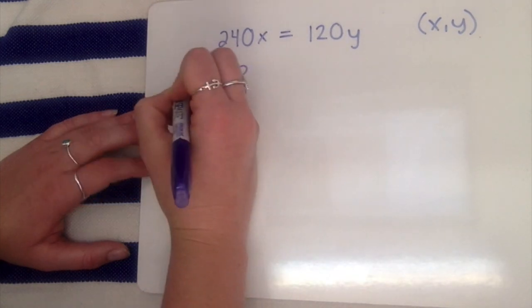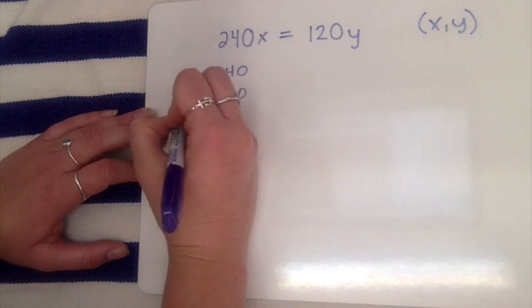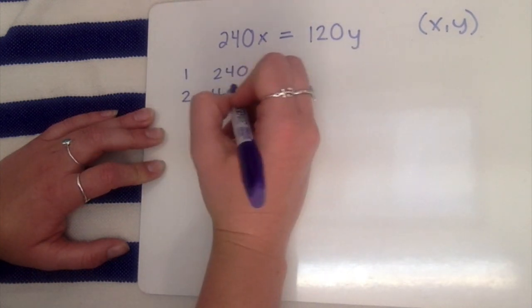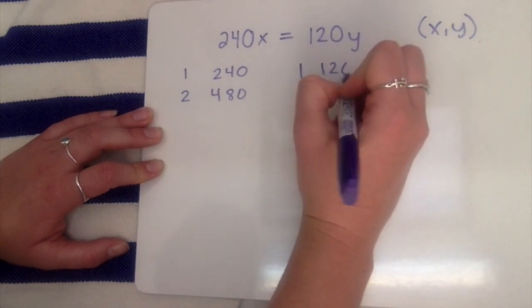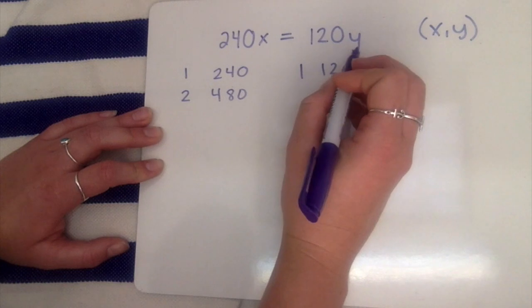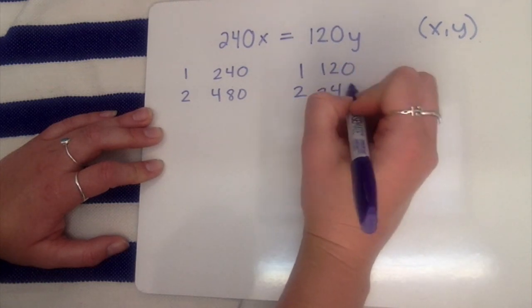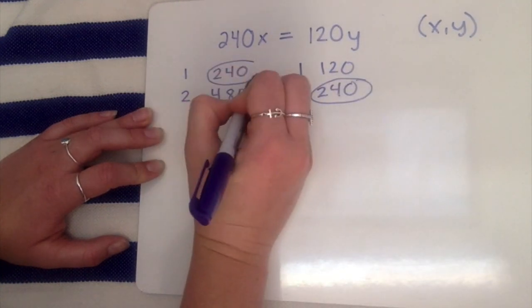So that is when x is 1. This is when x is 2. And over here I want to say, when is this going to equal the same amount? Well, if y was 1, I would get 120. But watch, when y is 2, I double this and I get 240. So they share this common multiple of 240.